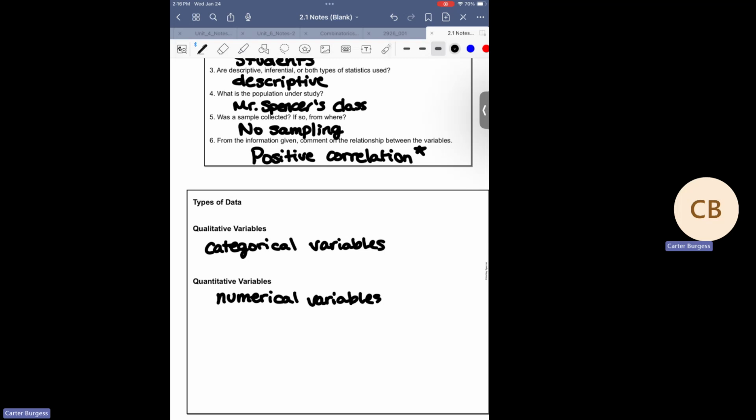Easy way to remember this: quantity is just a fancy word for number. So quantitative relies on numbers. Therefore, whenever we see a quantitative variable, it's going to have numbers attached to it.